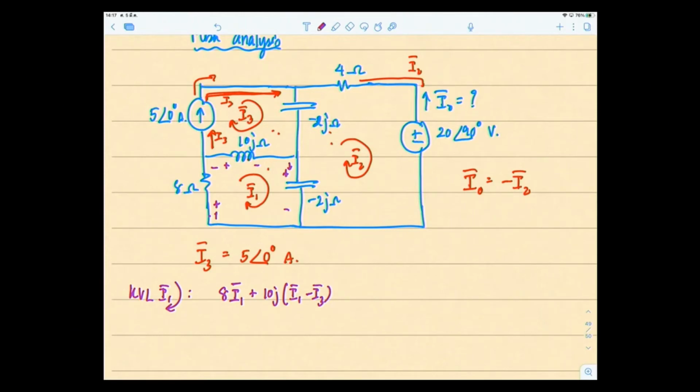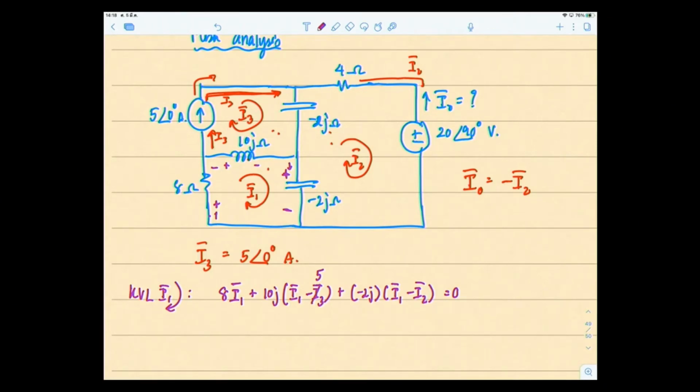Plus the voltage drop across minus 2J, so it's minus 2J multiplied by the current. Current I1 enters the positive, so I1, and current I2 enters the negative side, so minus I2, equal to 0. We know that I3 is 5 amps.